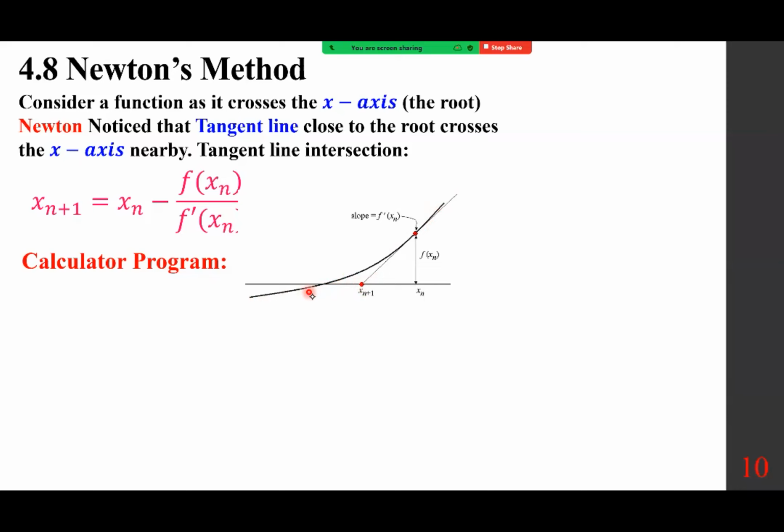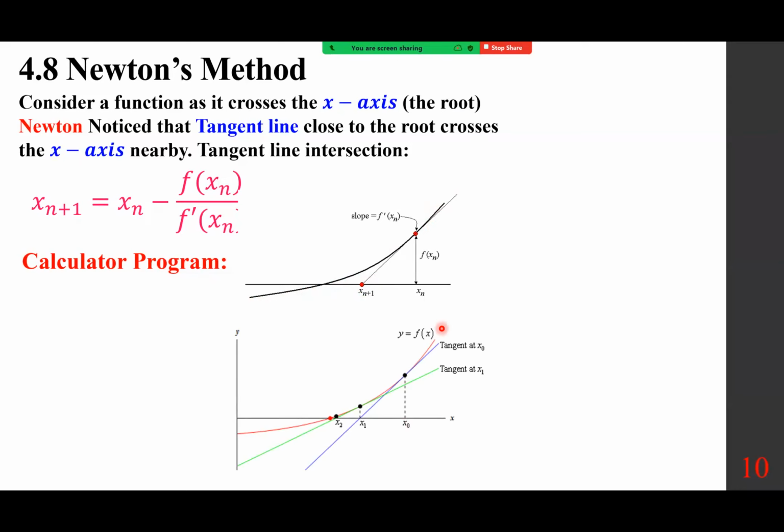That's the idea. So if we continue with that, we start from somewhere, we draw the tangent line, which brings us here, which is closer to that. So over here at x sub 1, we draw a new tangent line, which brings us here, which is closer, and we keep on going with that.